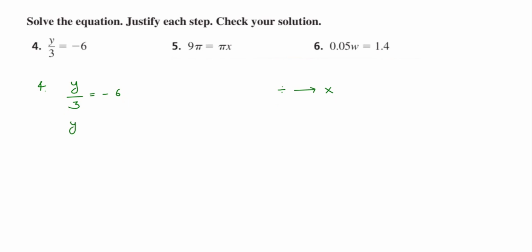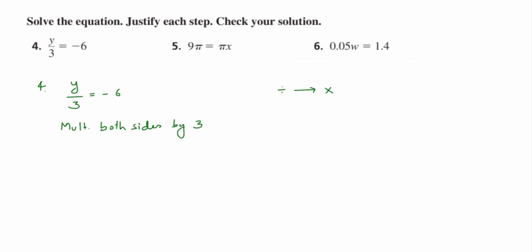They are asking us to justify each step, right? So you have to write down: multiply both sides by 3.